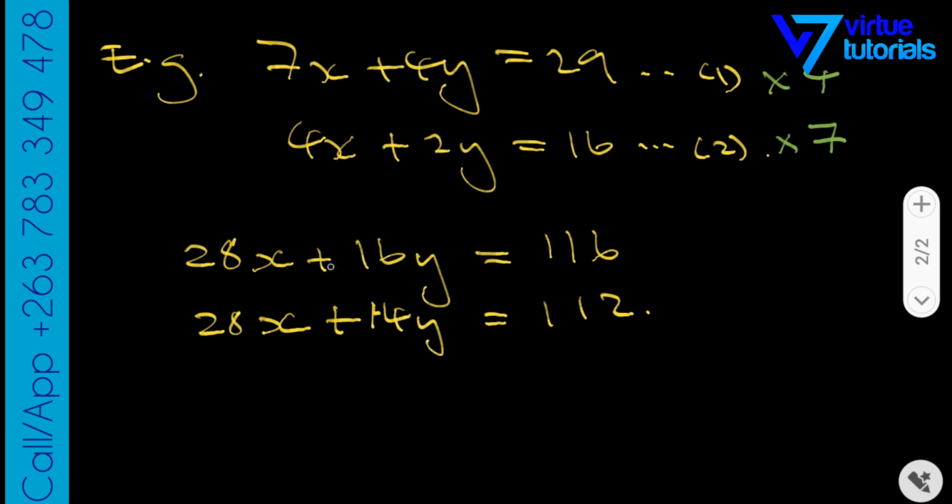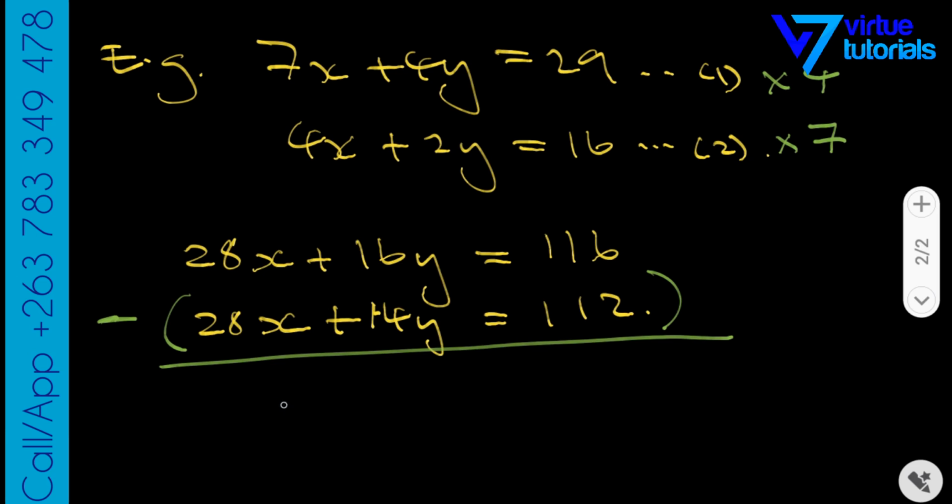So you now have these two equations after multiplication. When you get these two equations, you then subtract the second equation from the first equation.